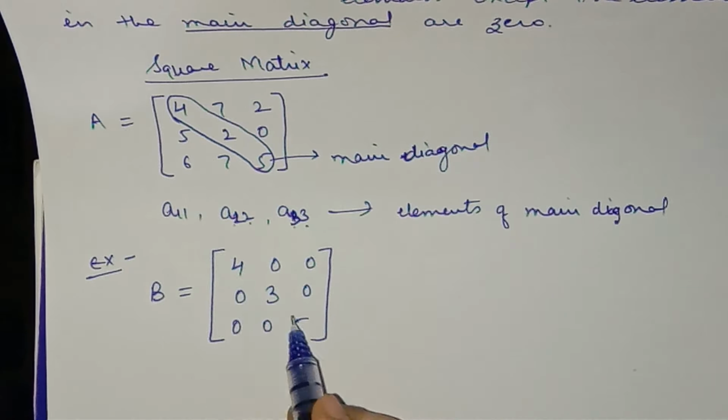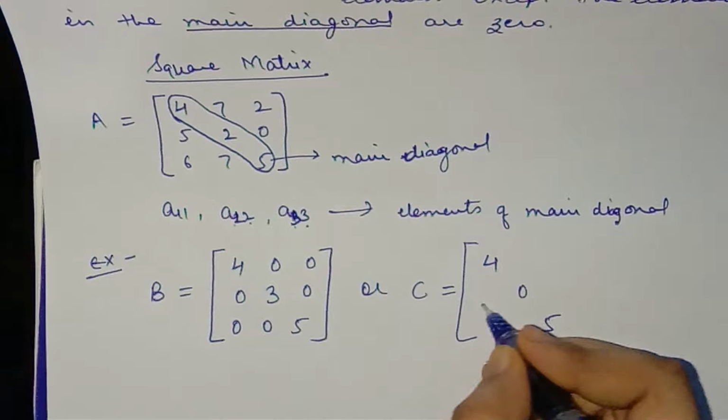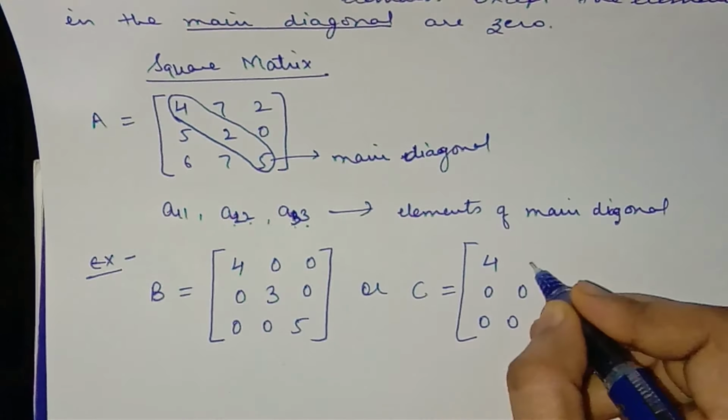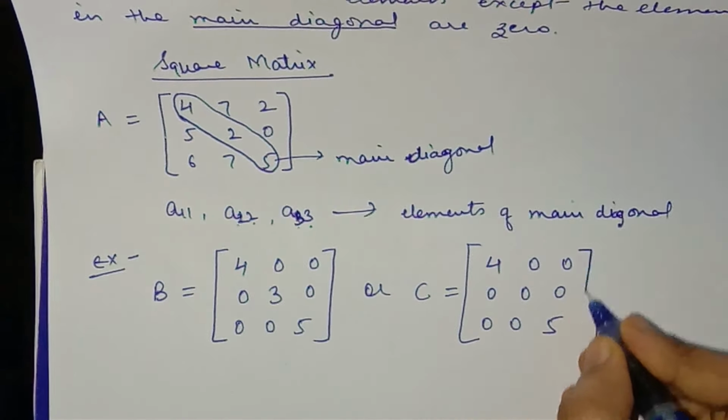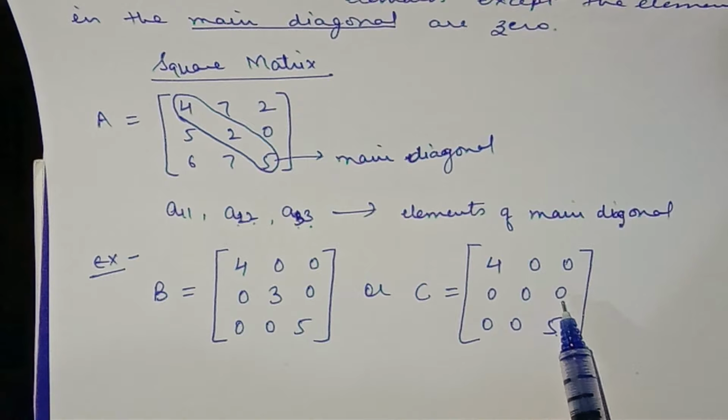Or I can take another example: 4, 0 and 5. If I write it like this, this is also an example of a diagonal matrix. As you can see, in this case one of the main diagonal elements is 0 and the rest of the elements other than the elements in the main diagonal are obviously equal to 0.